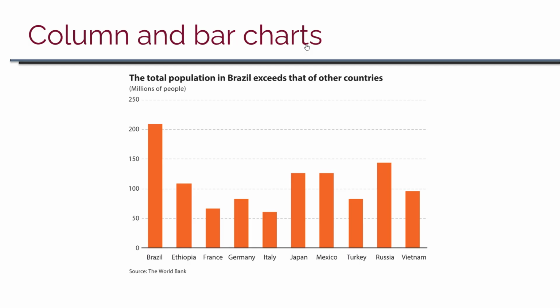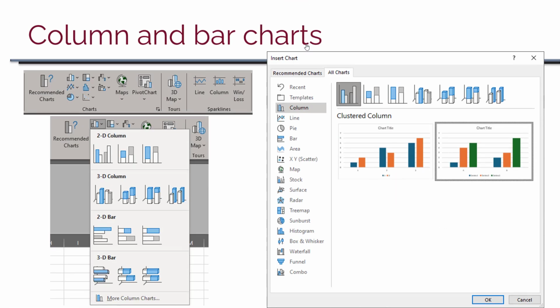Okay. So here we have a column chart, different countries, and they're looking at total population. I don't know when this data was from, so this may not be accurate, but that doesn't matter. And of course, we know how to do the column. In Excel, you can do a column chart. There is a 3D version of it, right?